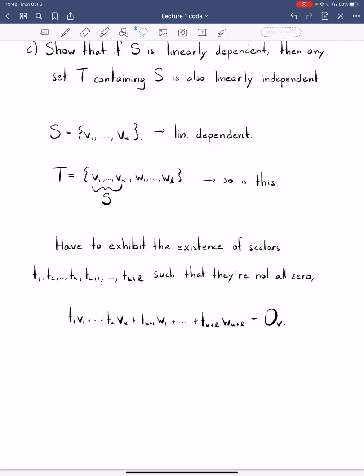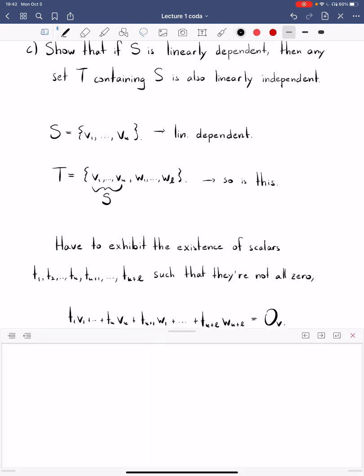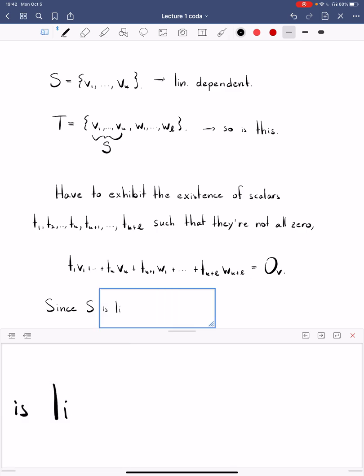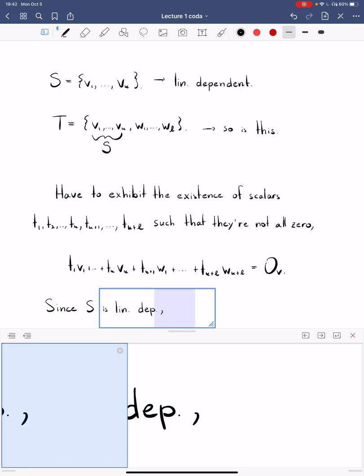Okay, and so since S is linearly dependent, I can find k of these numbers with this property, right?